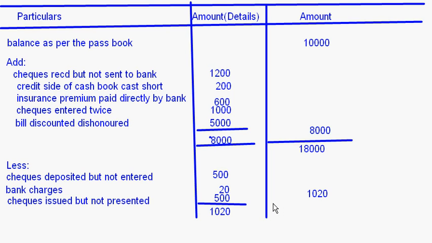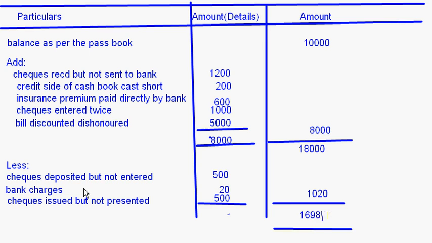So when you do this, here you get 18,000 minus 1020 is 16,980. The 16,980 is the balance as per the cash book, right?